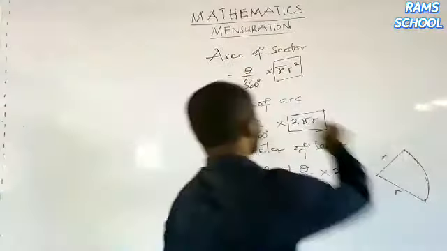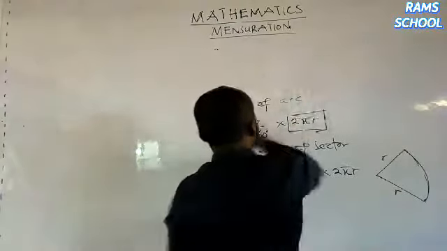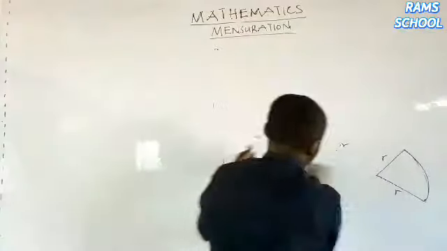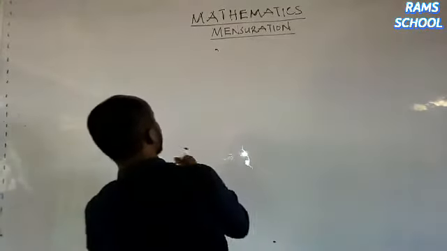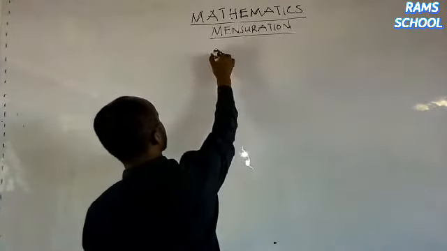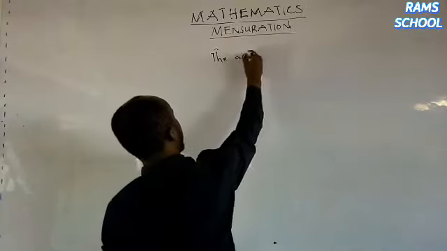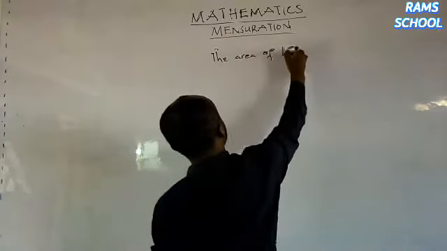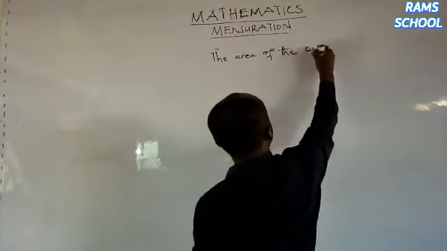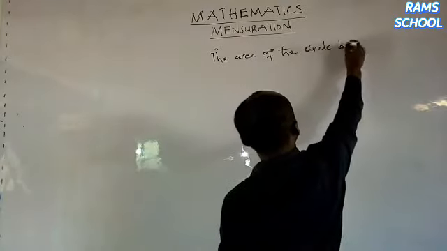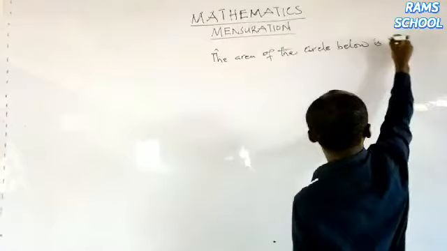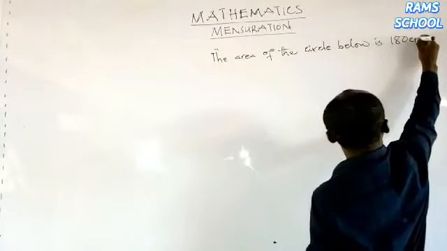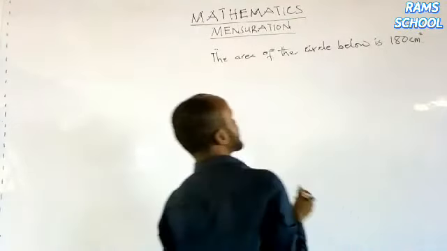Alright, so let's take a quick look at this question. The area of the circle below is 180 square centimeters.